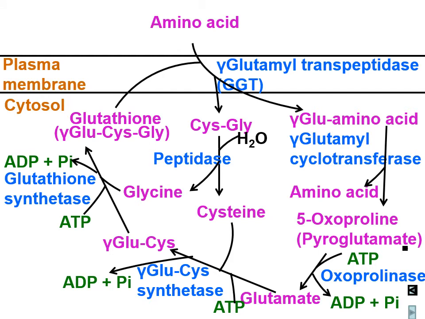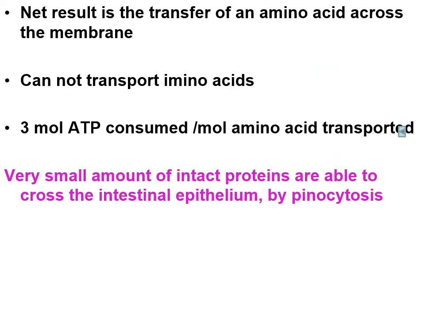Is that clear? So one here, now one here. Next result is the transfer of amino acid across the membrane. But remember, they cannot transport amino acid. So 3 molecules of ATP consumed, 1 molecule of amino acid is transported across the membrane.